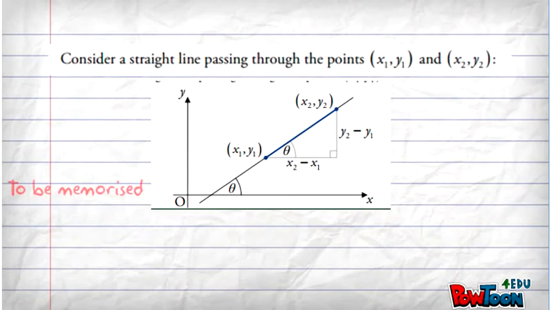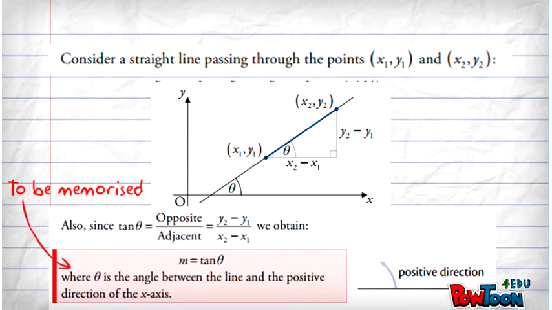Another way of looking at that is presented in this slide here, and that is that this y2 minus y1 over x2 minus x1 is also the definition of tan theta here.